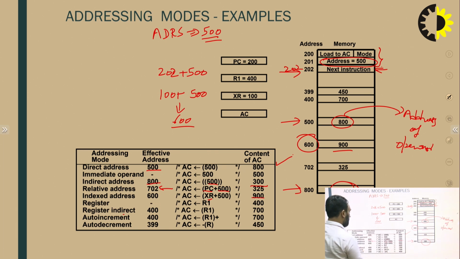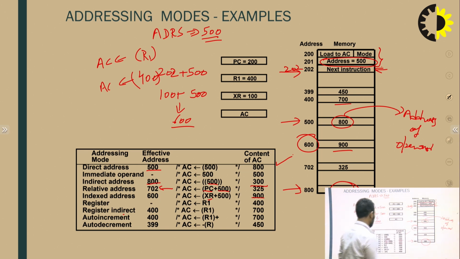Likewise, in register indirect addressing mode, the accumulator will store R1, whatever the value of R1 is, 400. What is stored at 400? That is 700. Right?